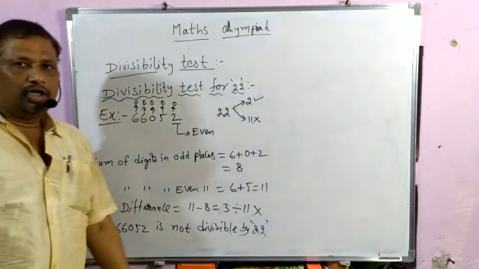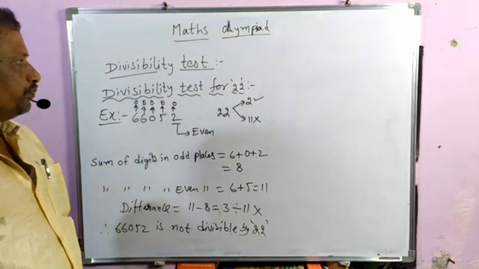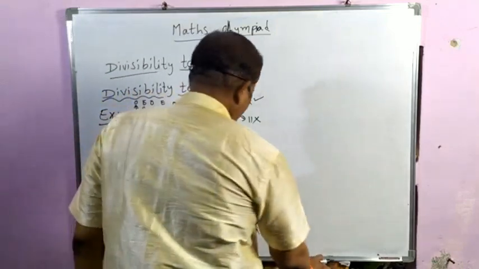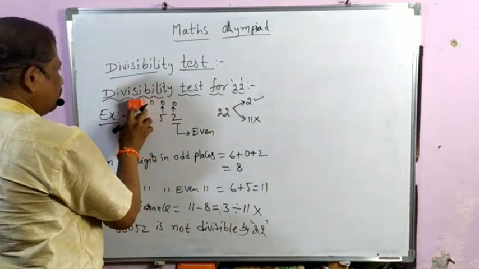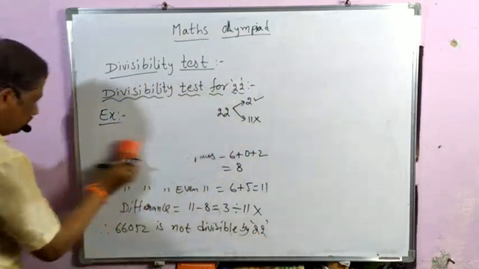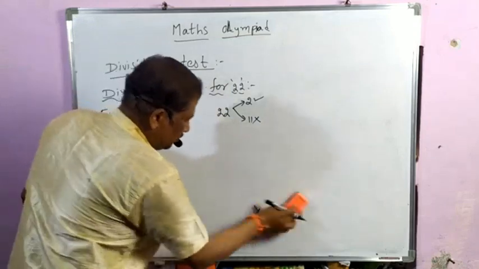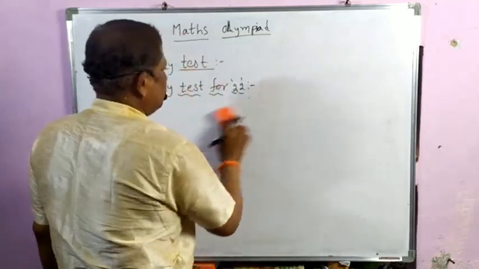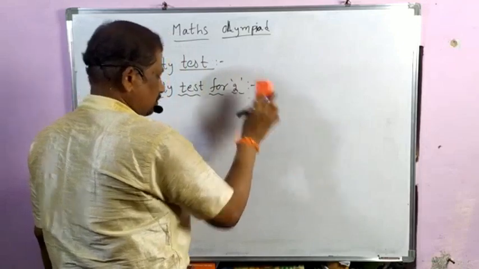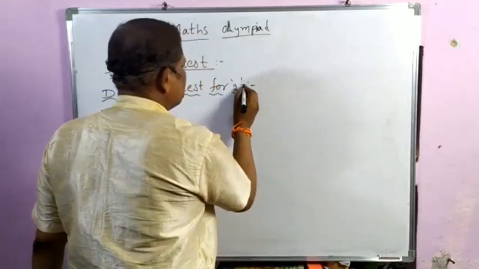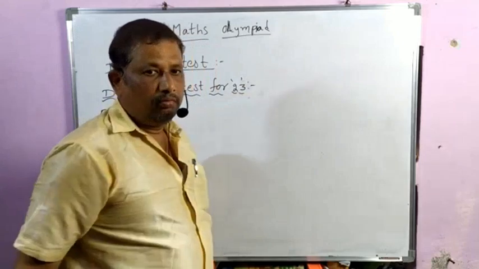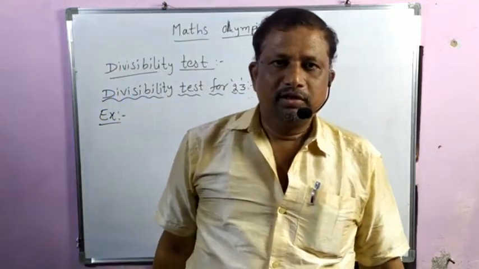Next, divisibility test for 23. What is the divisibility test for 23?